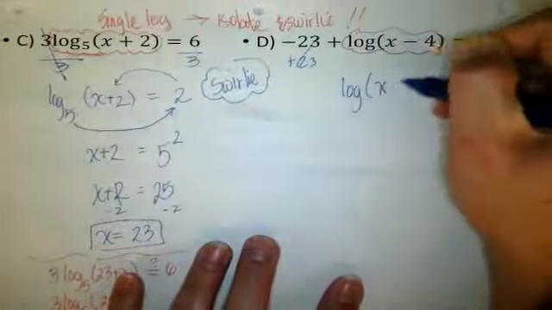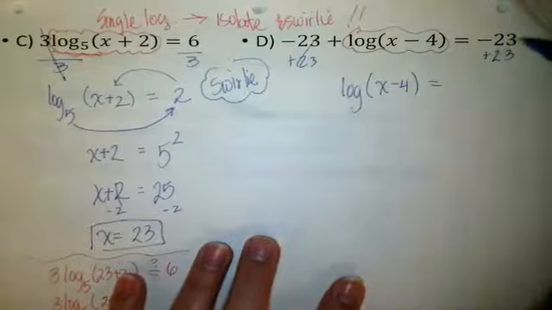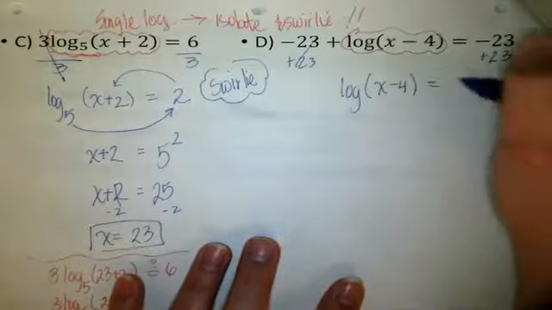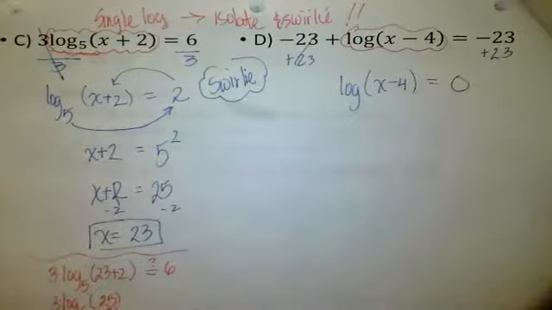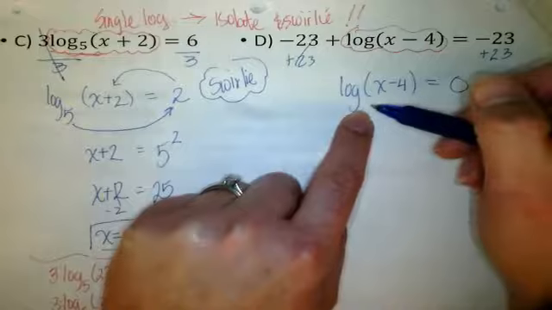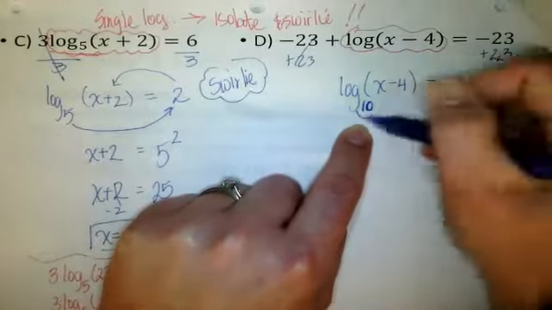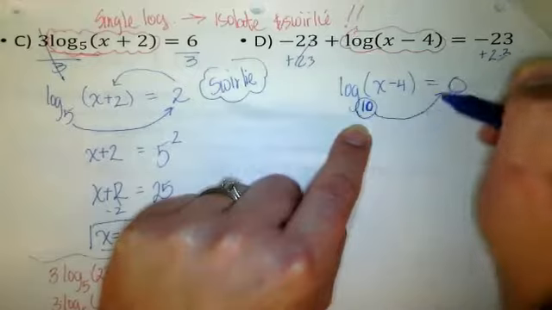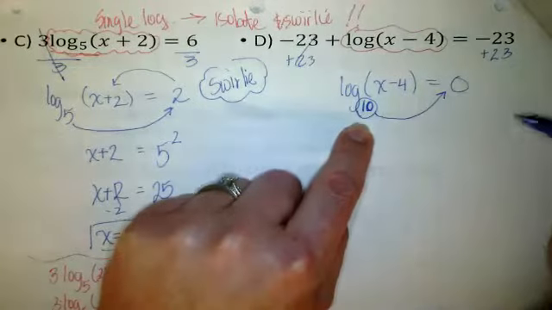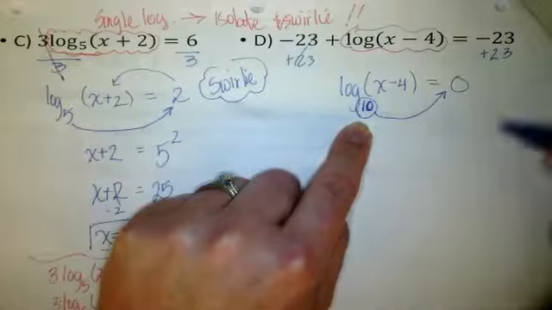Log of x minus 4 equals, what is negative 23 plus 23? 0. Very good. All right, single log. How do you drop a log? Give it a swirly. What's my base? 10. This is the common log that you do have on your calculator. So make sure you remember that if there is no base visible, then it's a base 10.